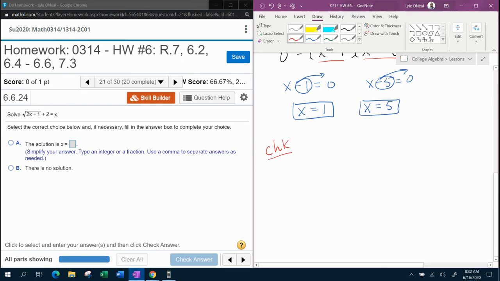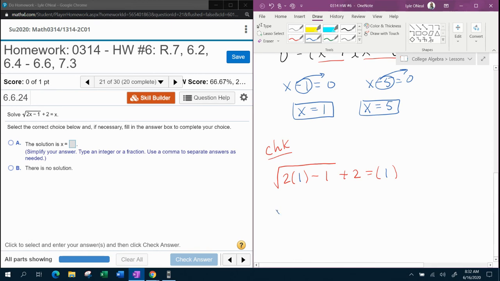And so here's the check step. We need to go back to the original equation, which was square root of 2x minus 1 plus 2 equals x. And we're going to check the 1 first. So we need to replace both x's with 1's. And then we need to work this out.